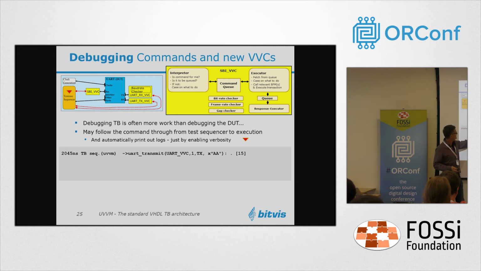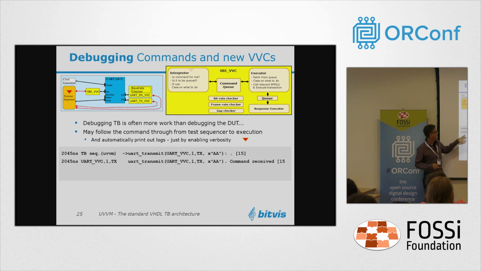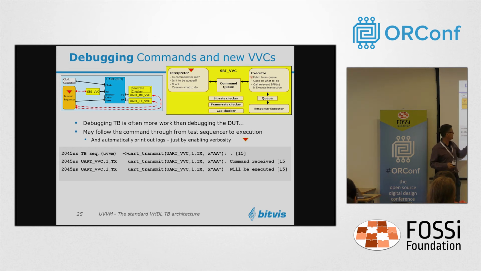It's basically saying that at this time, the test sequencer was sending a UART transmit command to this verification component. Then, just some delta cycles later, the UART verification component will say, I have received this command. And then the executor will say, yep, I also received it, and I'll execute it.